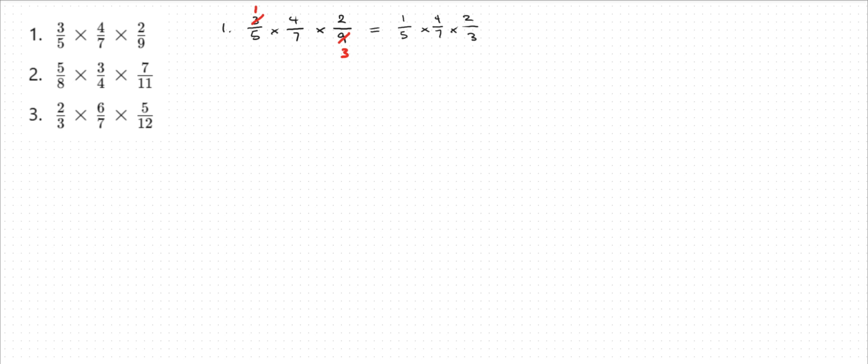Okay? So, next stage, all we're going to do is multiply together all of our numerators and all of our denominators. So 1 times 4 is just 4, and 4 times 2 is just 8. Now, 5 times 7 times 3 is going to be equal to 105.